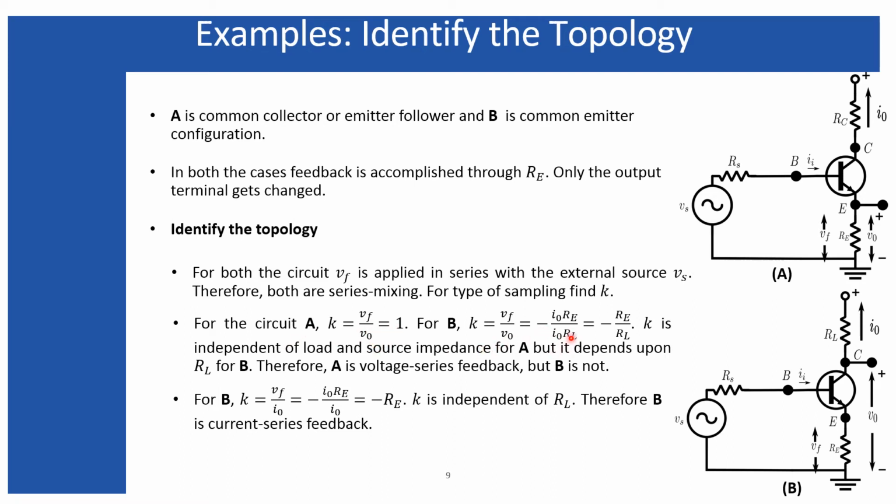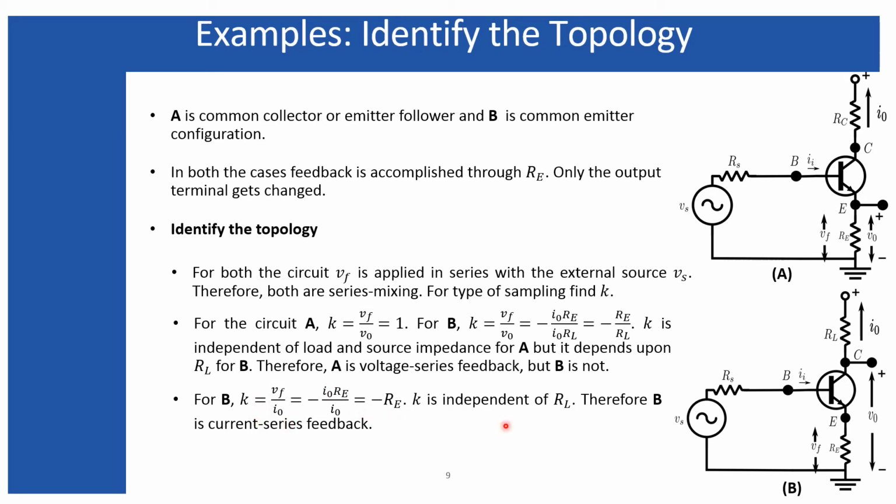Now let us investigate it for current series. For current series, the feedback factor is Vf divided by I naught, where I naught is the output current, which is equal to minus I naught times Re divided by I naught. So I naught gets cancelled, and that is equal to minus Re.